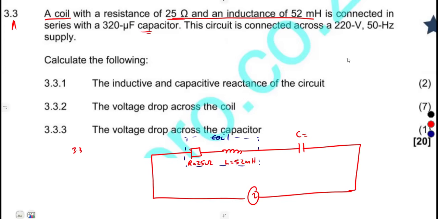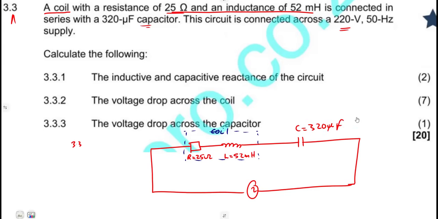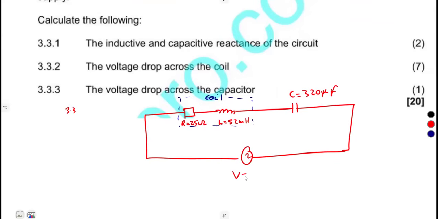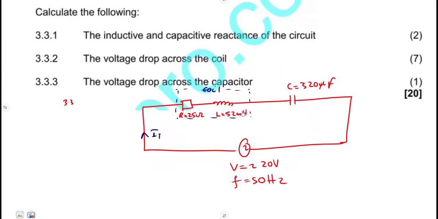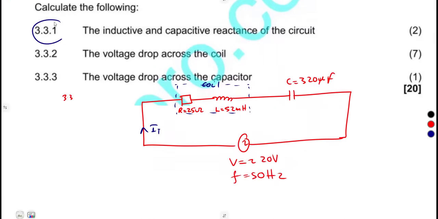The capacitance here is what? 320 microfarad, connected to this 220 volts, frequency 50 hertz, like that. So that was simply the circuit, and in series, you know that the current is going to flow throughout, which is the same.